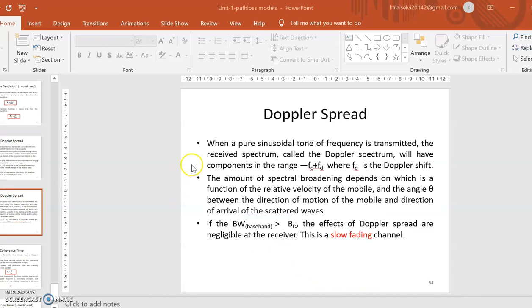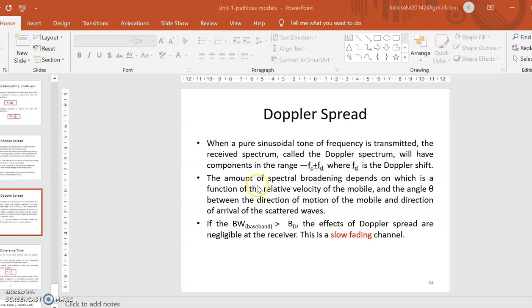Consider when a pure sinusoidal signal of some frequency, assume Fc, is transmitted. The received spectrum, called the Doppler spectrum, will have frequency components in the range Fc plus or minus Fd. Fd is called the Doppler shift.